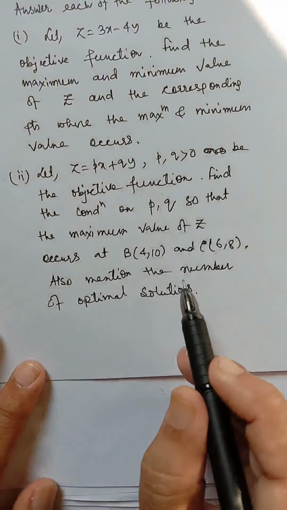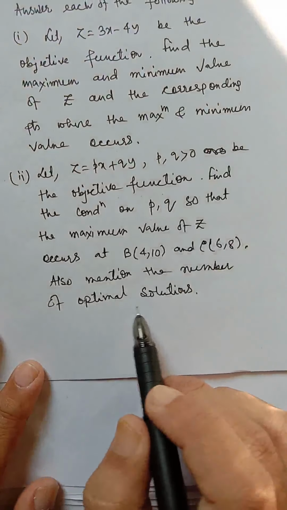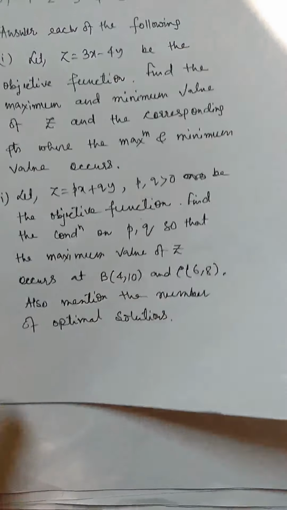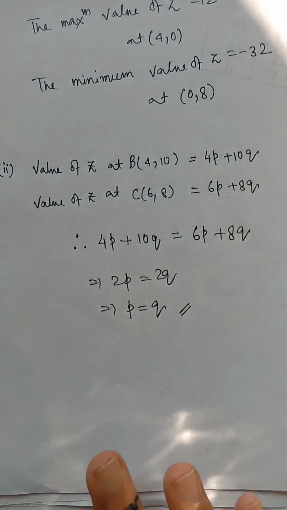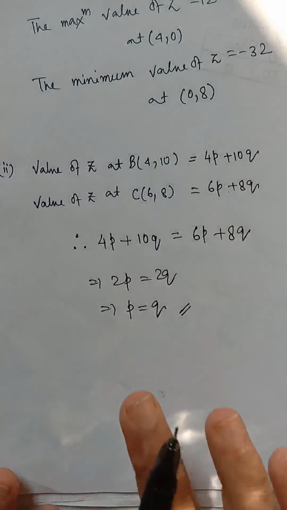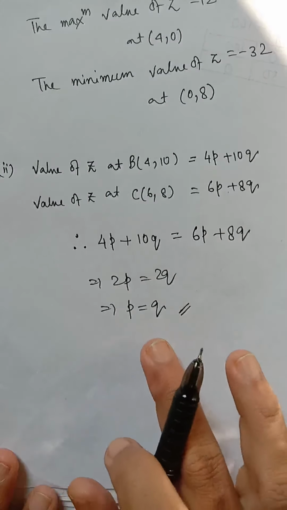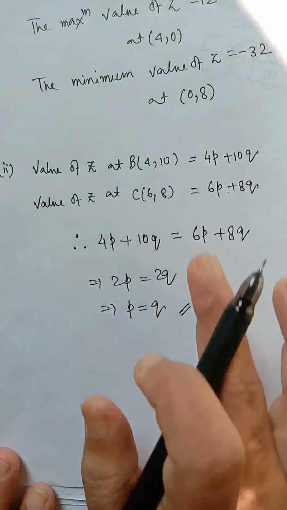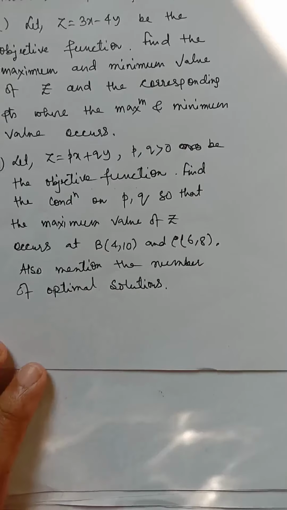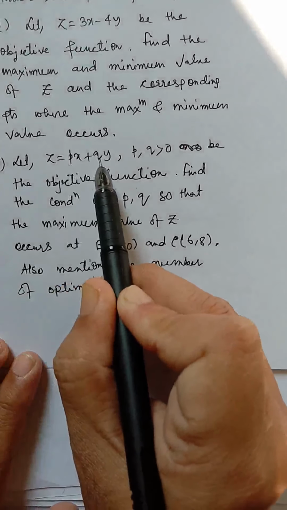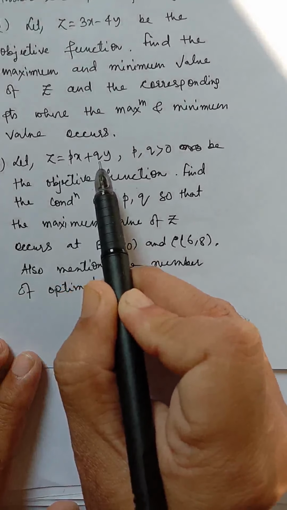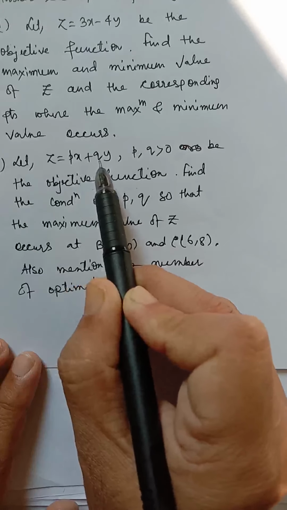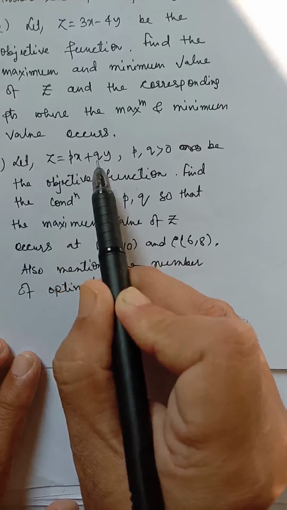Now what is the next part of the question? Also mention the number of optimal solutions. That is, how many points are there where the function has maximum values. Now you can see if p equal to q, the values of z will be maximum. When p equal to 1, q equal to 1, z will be maximum. When p equal to 2, q equal to 2, z will be maximum. When p equal to half, q equal to half, z will be maximum.